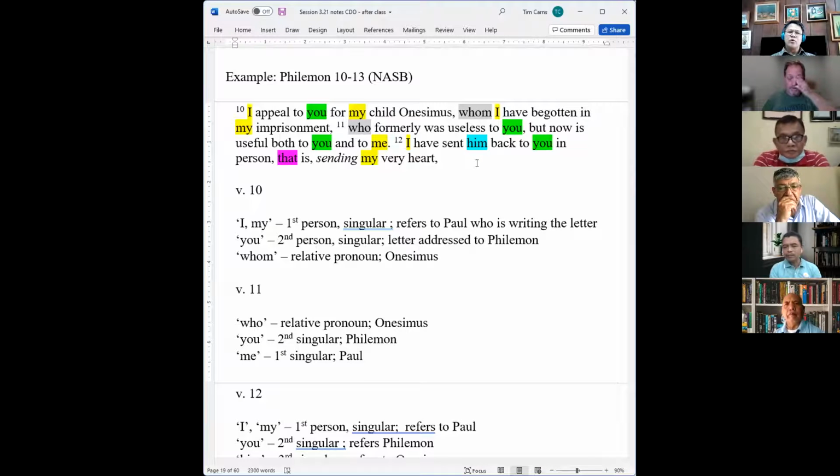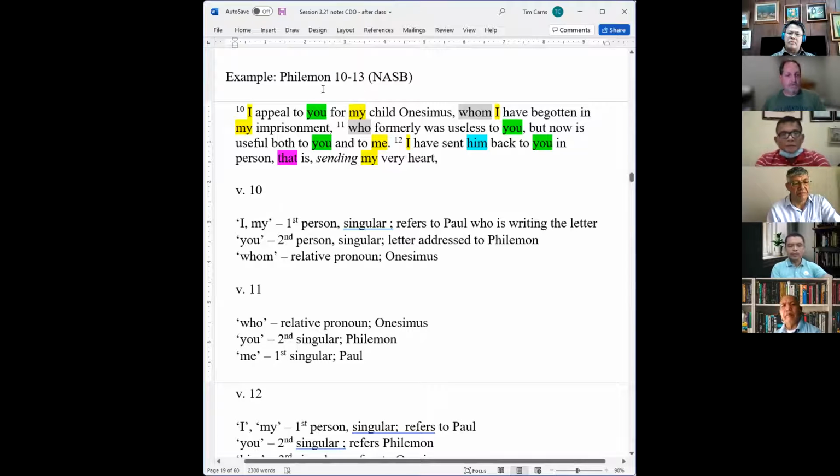Yeah, if we're following the flow of the letter, then exactly. The one he's been referring to here has been Philemon. And so he just keeps referring to him in this particular case. And knowing the occasion, the circumstances of the letter, that the issue is between Onesimus and Philemon, knowing who is formerly useless to you, that would be specific to Philemon.